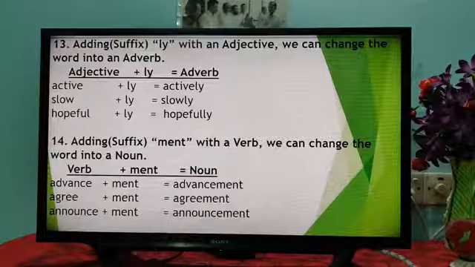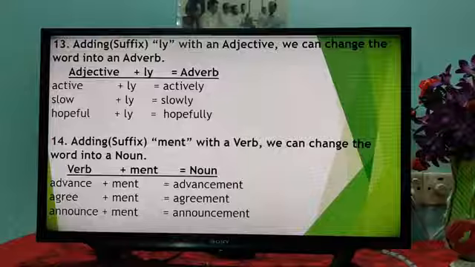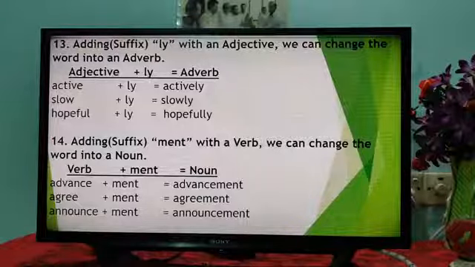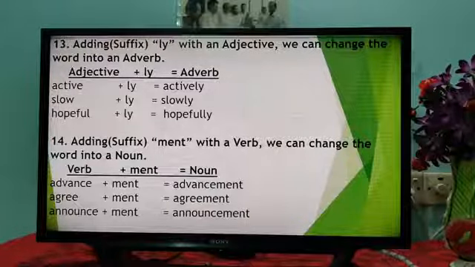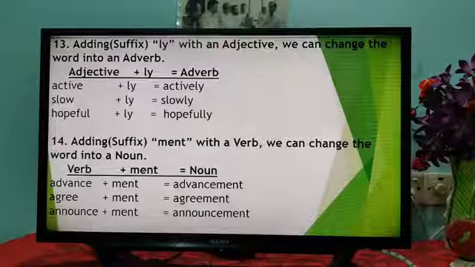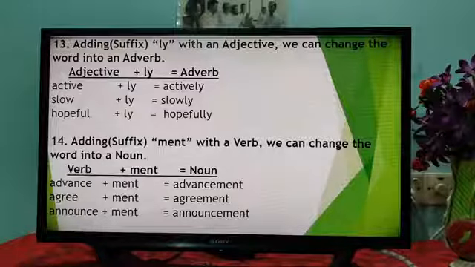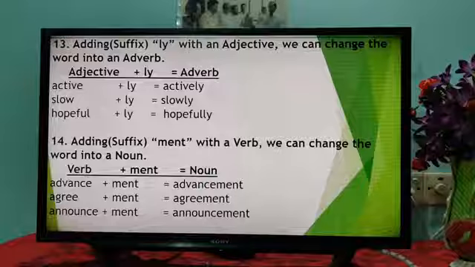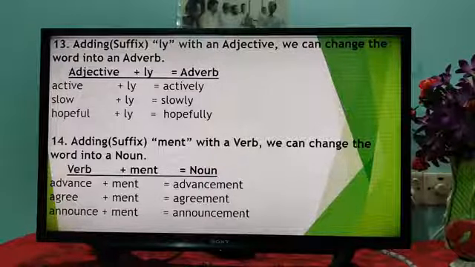So ment is added with a verb to make a noun. Clear? Please write them down. Okay?